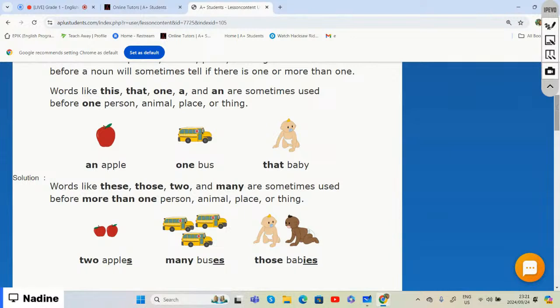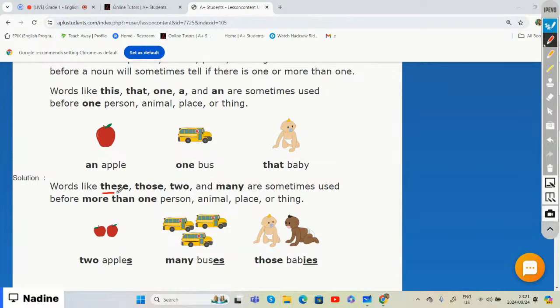So words like these, those, too many, we can use before more than one person, more than one animal, more than one place, or more than one thing. A noun that refers to more than one person, animal, place, or thing.